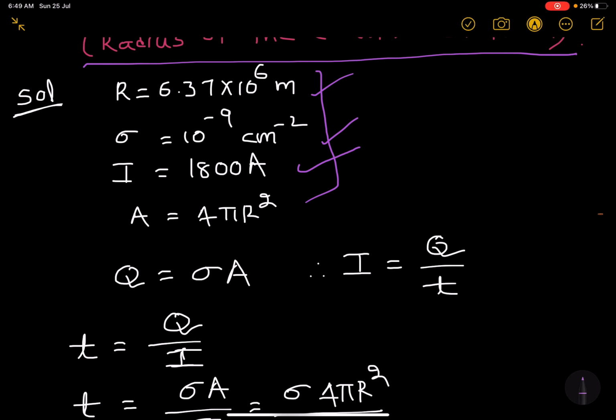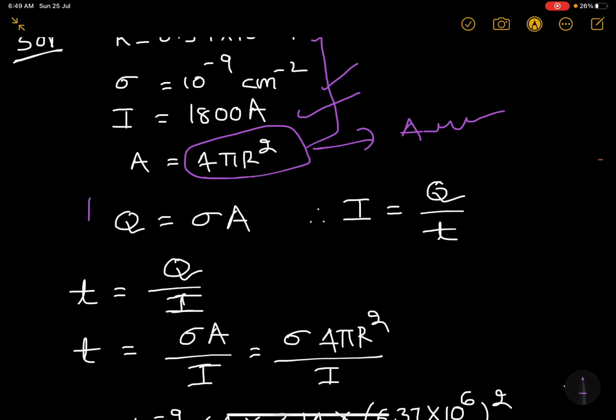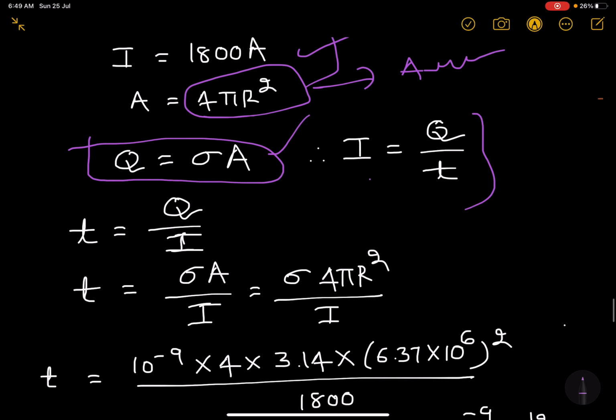And here the area, what is the formula? 4πr². Then the charge Q = σA. So here I = Q/t, already we know the formula, so we can find the time.